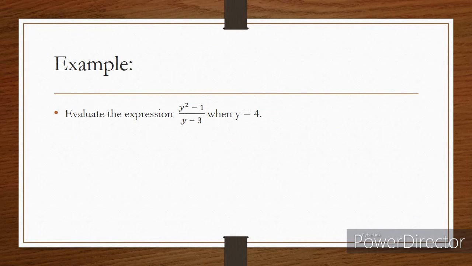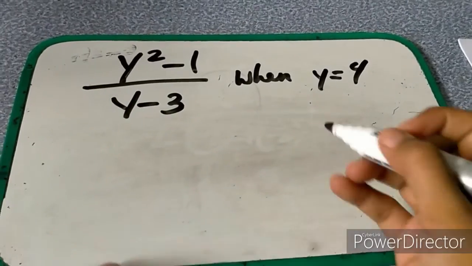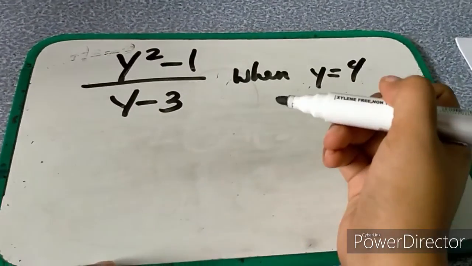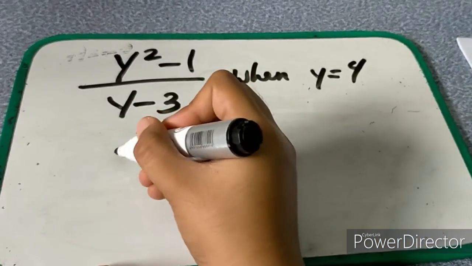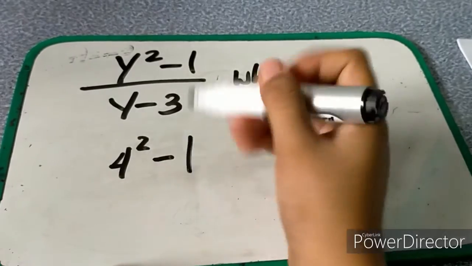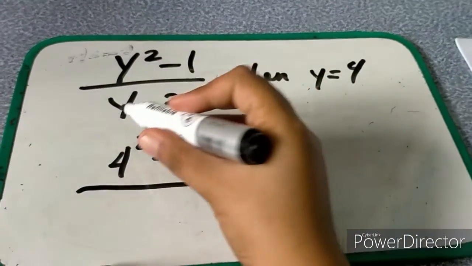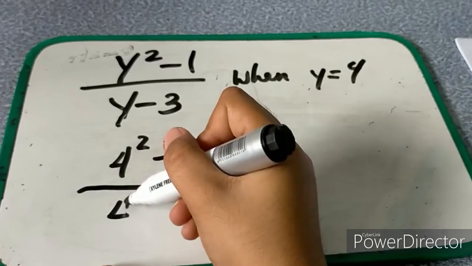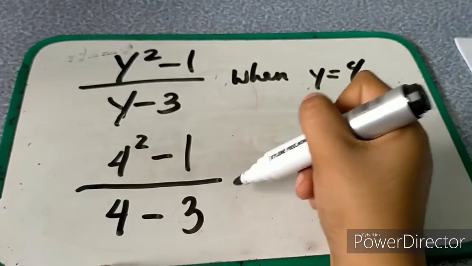So, for example, the expression y squared minus 1 over y minus 3 when y is equal to 4. So, let's try. So, let's substitute y is equal to 4. Sundan lang natin to. Y squared, so 4 squared, minus 1, all over, again, y is 4, minus 3.